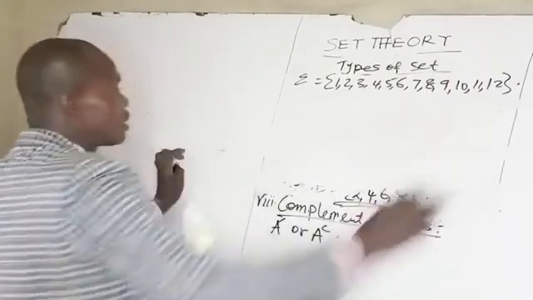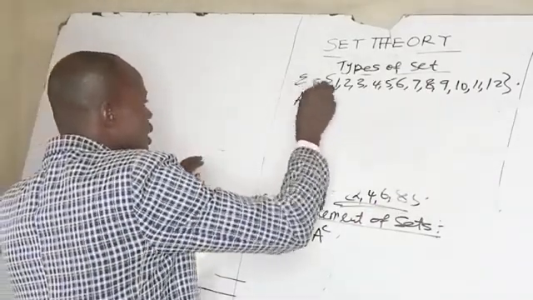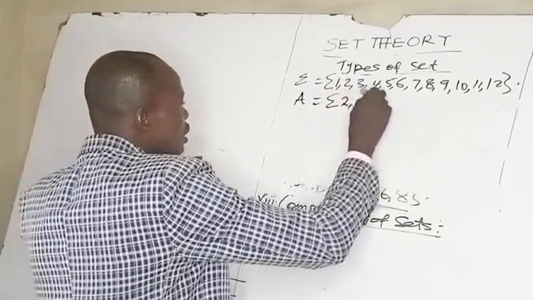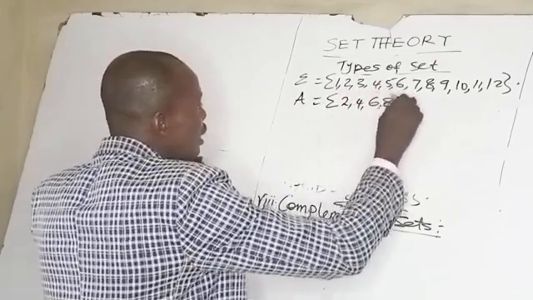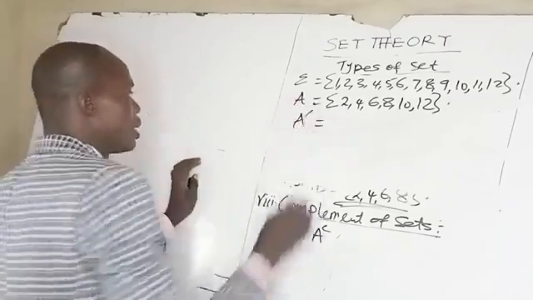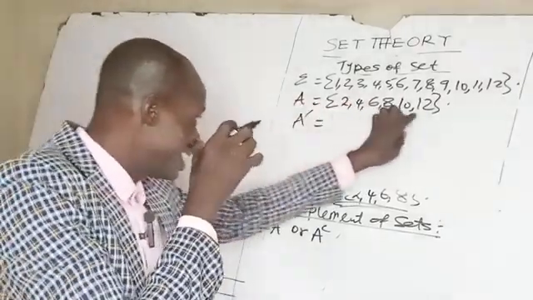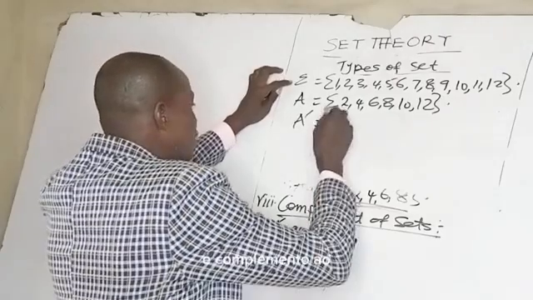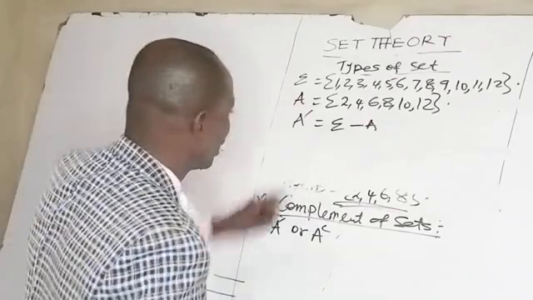And set A is the even numbers: 2, 4, 6, 8, 10, 12. Now A complement: anything in the universal set that is not in set A is said to be the complement of set A. That is, you have your universal set minus what you have in A. So that will give you the A complement.